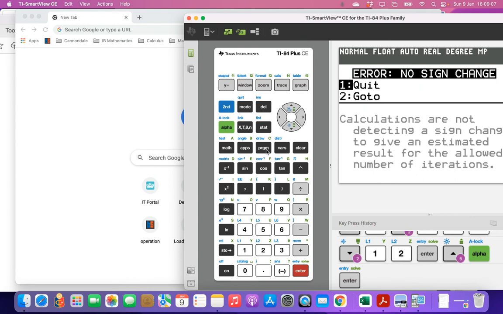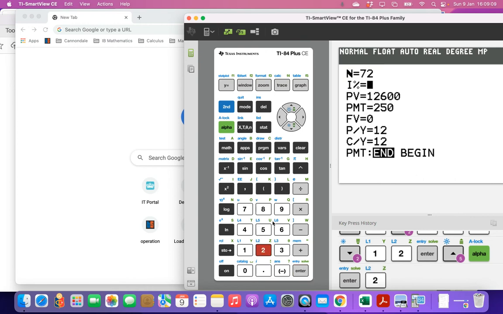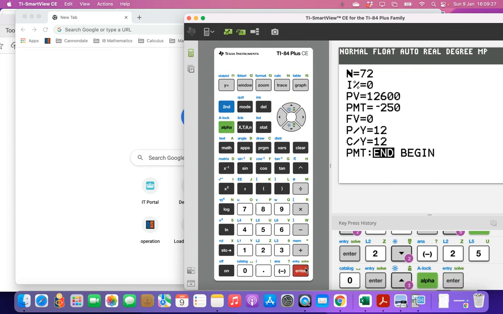Whoops, I need a sign change. Interesting, I learned something there. So where is the money out of our pocket? It's here. So let's make that negative 250 so that I'm subtracting from the amount borrowed. So it looks like about 12.6% interest.